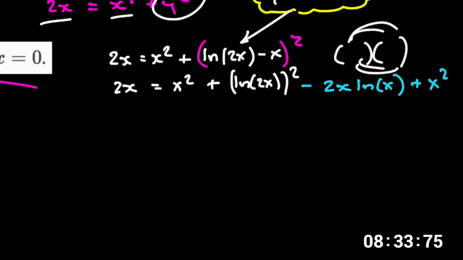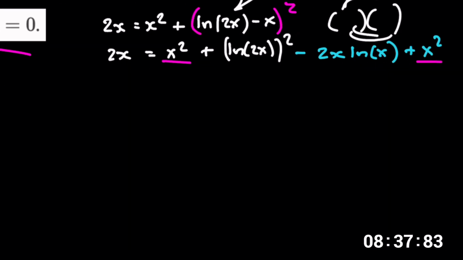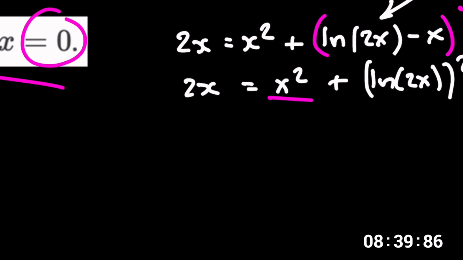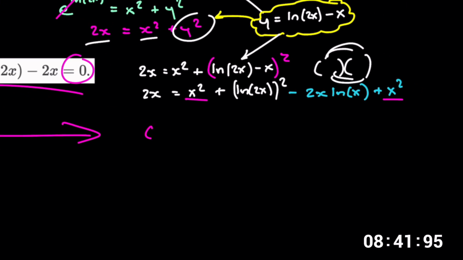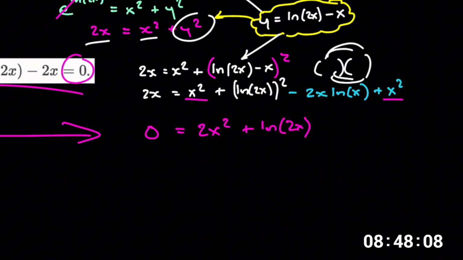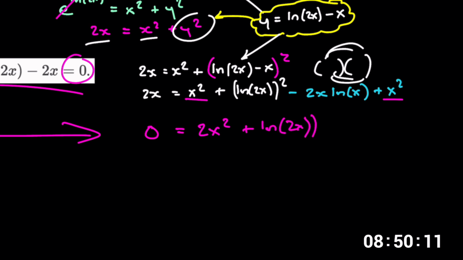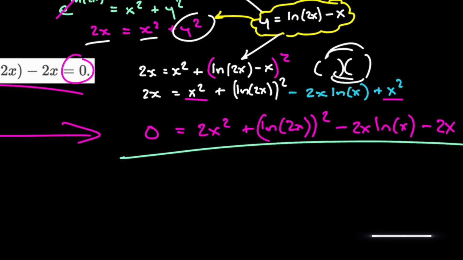That's great because now we're getting the x squared and the other x squared, and we have to equate the entire thing to 0. So we're going to move everything to one side of the equal sign. So 0 equals 2x squared plus natural log 2x all squared, minus 2x natural log x, minus 2x, and there we go, stop the clock.